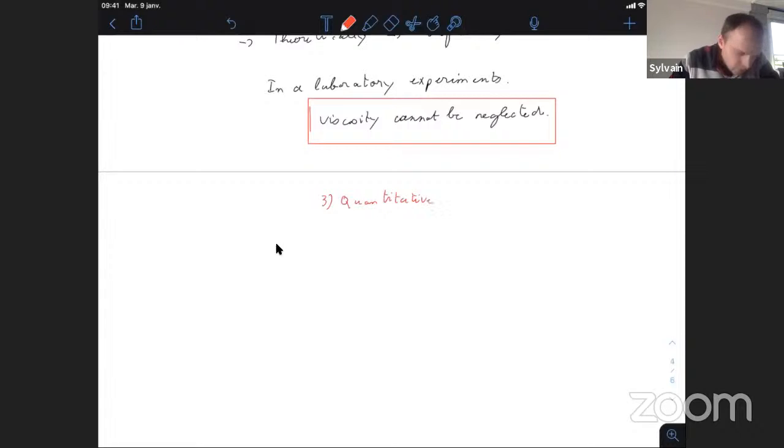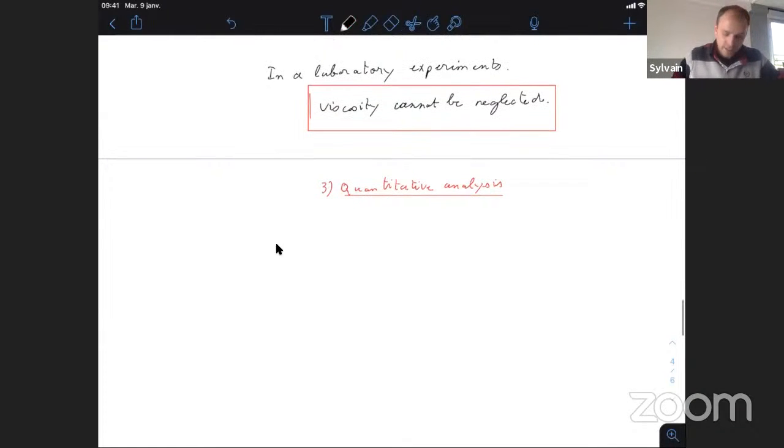What I want to discuss now is how we can do more quantitative analysis of what we observe. I've seen in this movie with the line that we can say few things, but it's just an observation and a comparison with it. I want to go in more details in the analysis, and I will just present different techniques which help for the understanding.